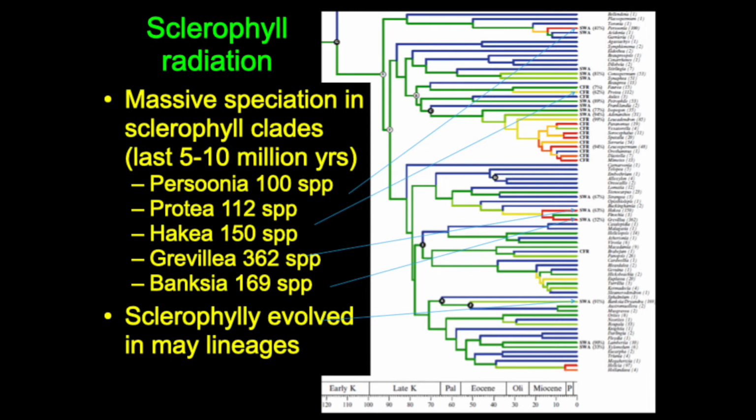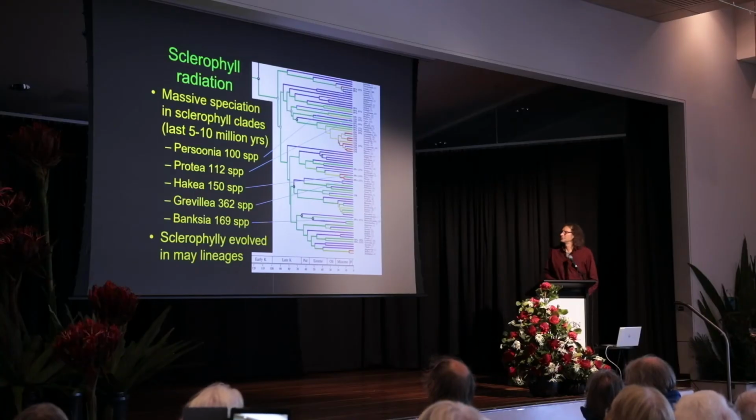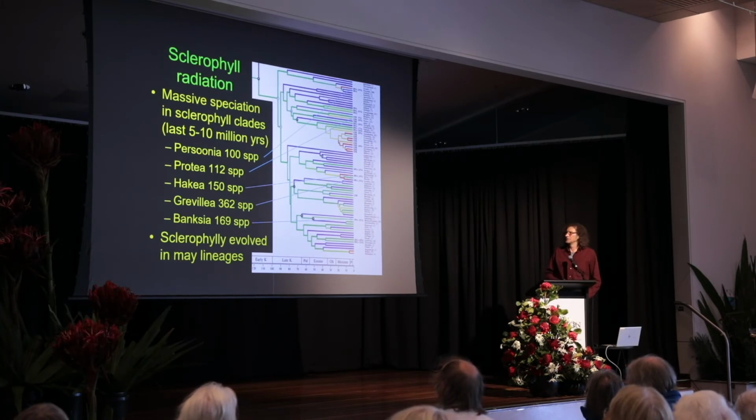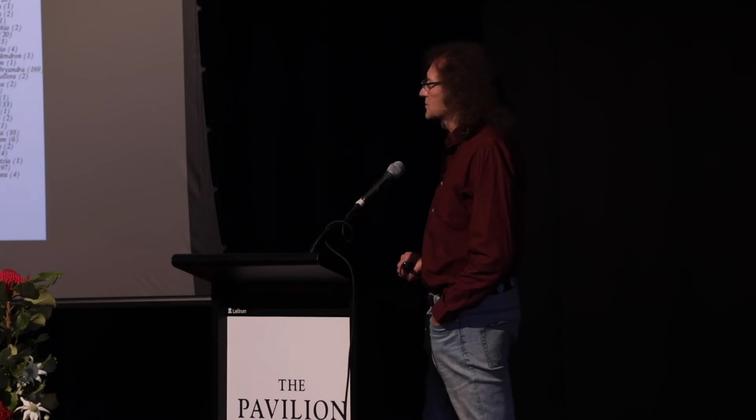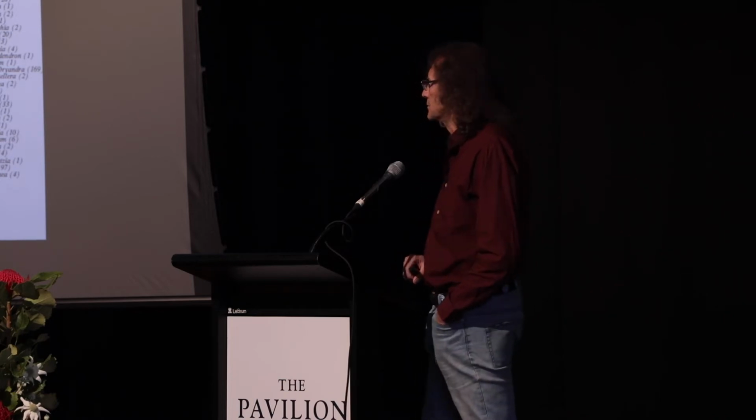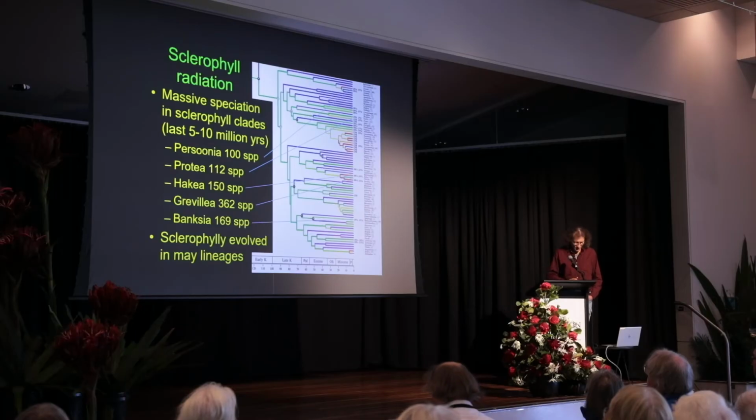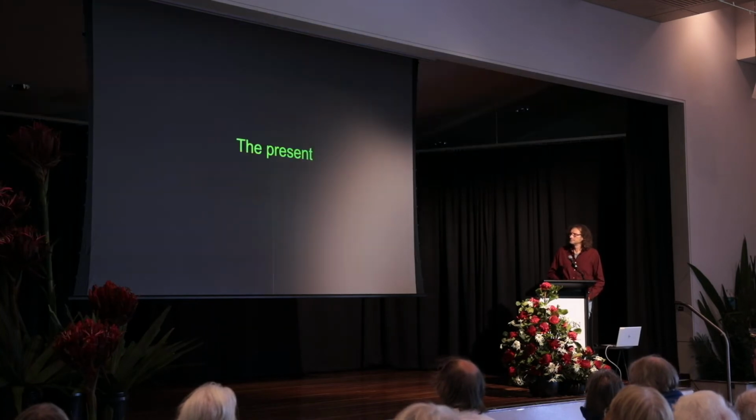So there's been a real radiation, a flush, if you like, of evolution, which is why we have so many species in these big genera that we keep putting together, Dryandra and Banksia and it looks like Hakea and Grevillea as well now. So lots and lots of species in those groups, and that's because of this recent evolutionary activity.